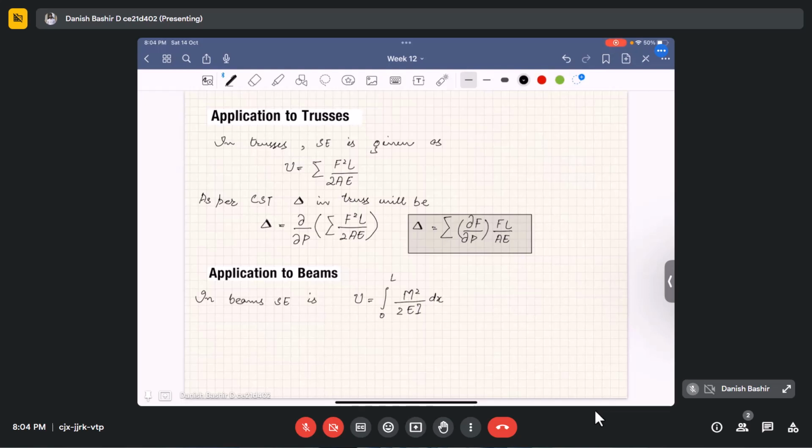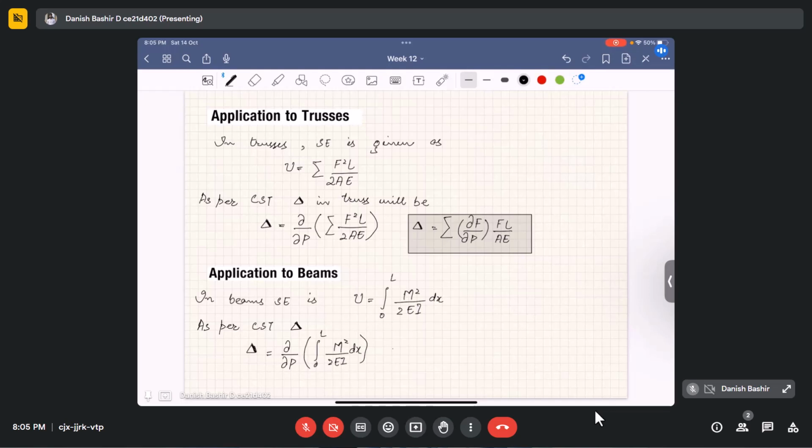So if we need to find the deflection, as per CST, deflection delta will be given by taking the partial derivative with respect to the applied load. So delta will be dou by dou P of the integral from 0 to L of M squared by 2EI dx.